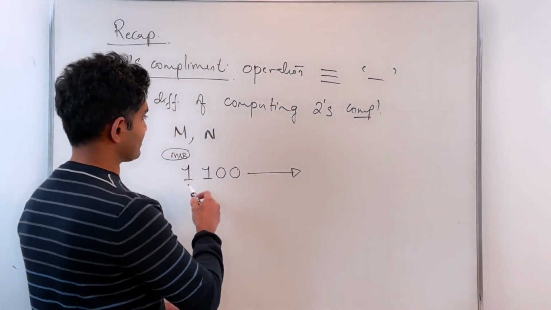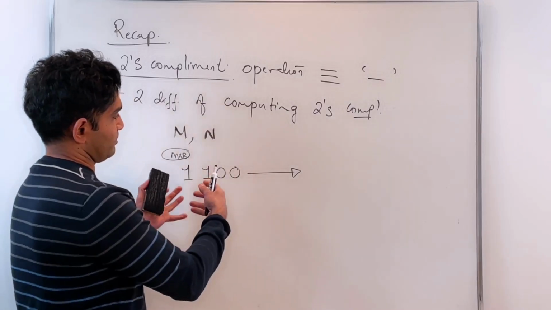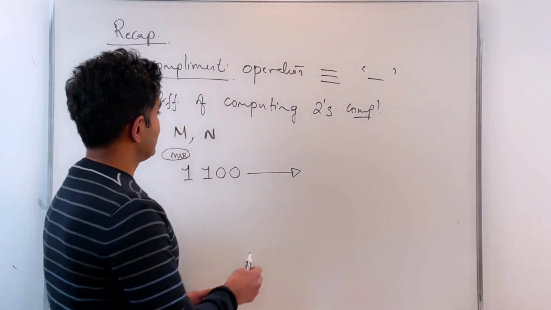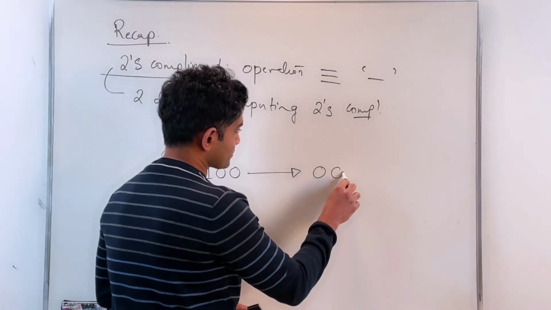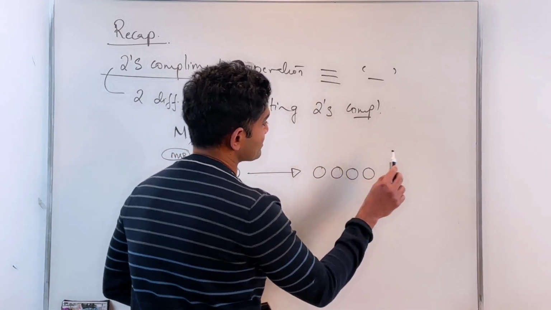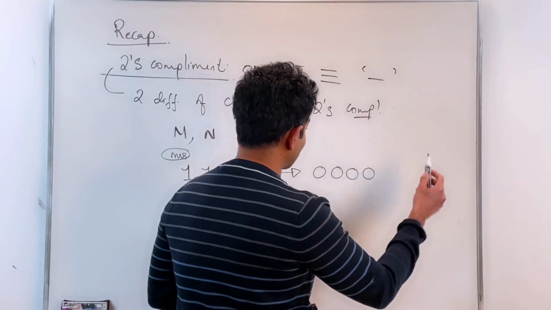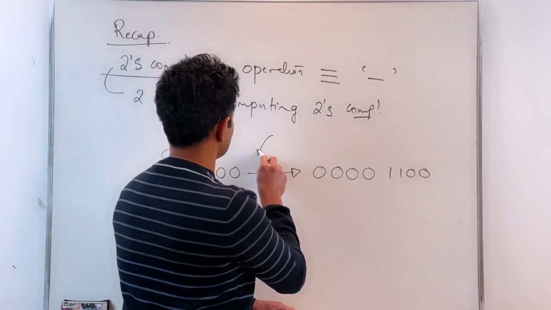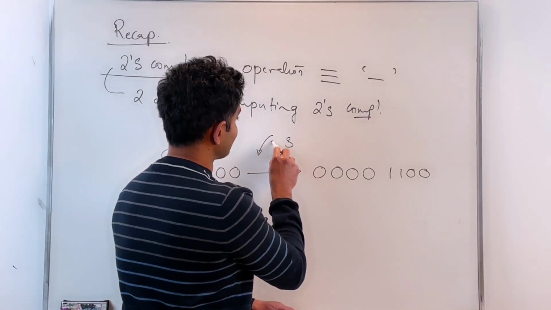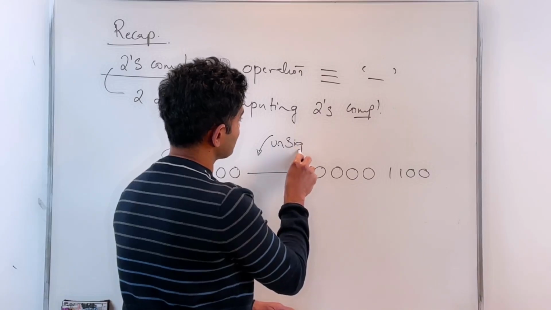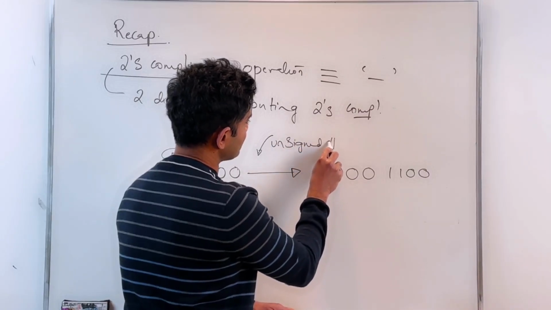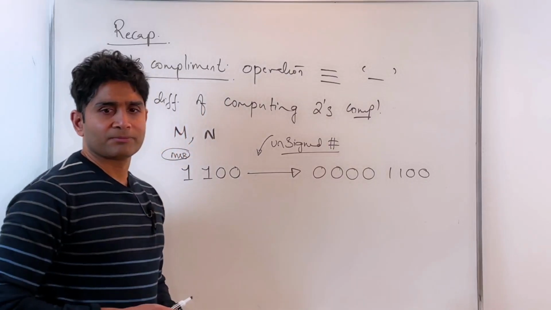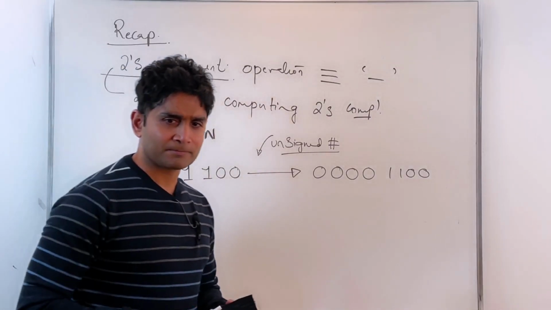Again, because there is no sign associated with this, I would extend it with zeros. So the way you extend numbers depends on if the number is signed or unsigned. That's very important to note. So if I specify this as an unsigned number, that's how I would extend the number.